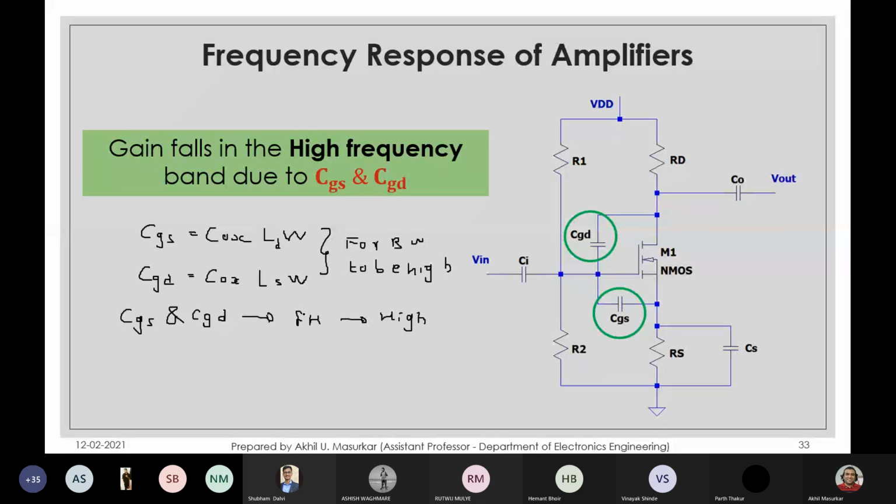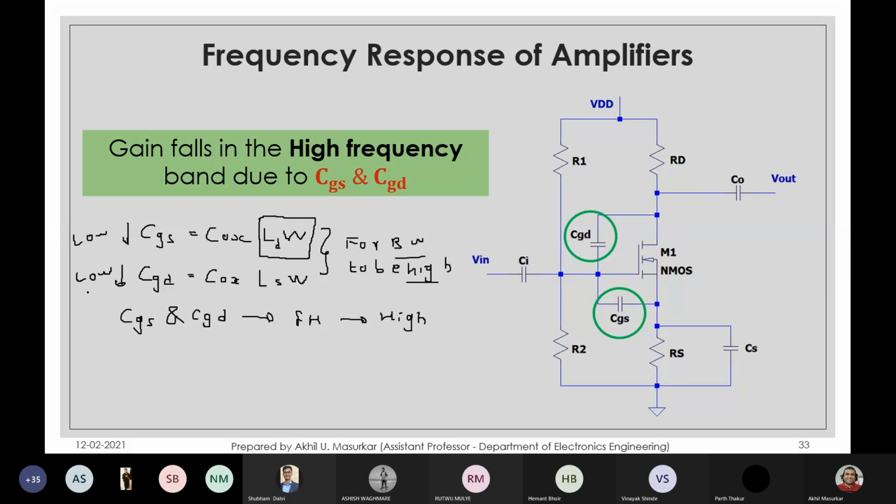As high as possible means CGS and CGD need to be really very low. If you want high bandwidth, then CGS and CGD should be very low. If they should be low, then you should understand that their dimensions LD into W, that is the overlap areas, must be very small.